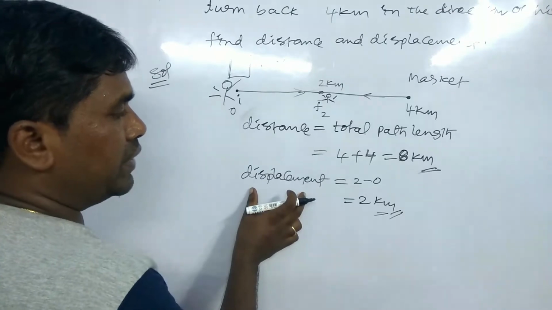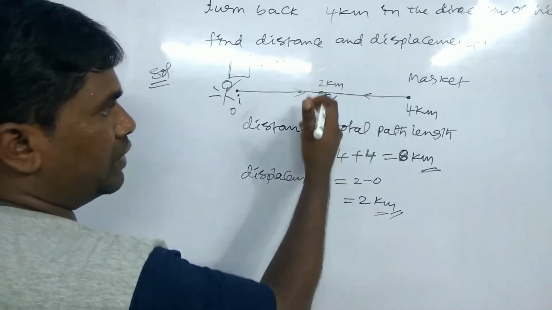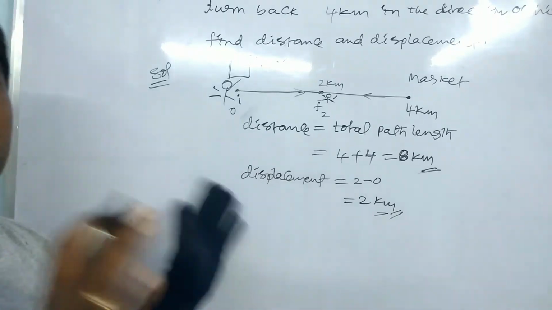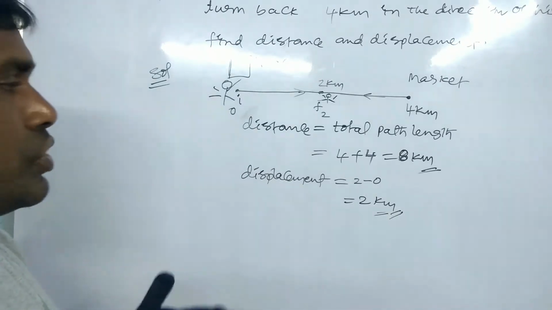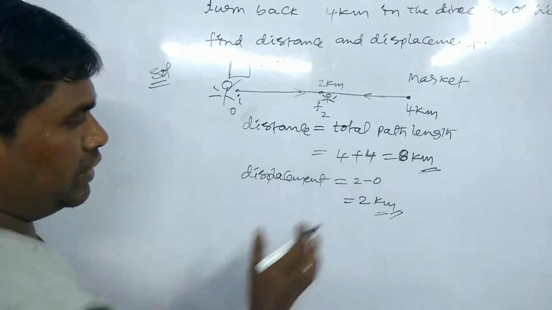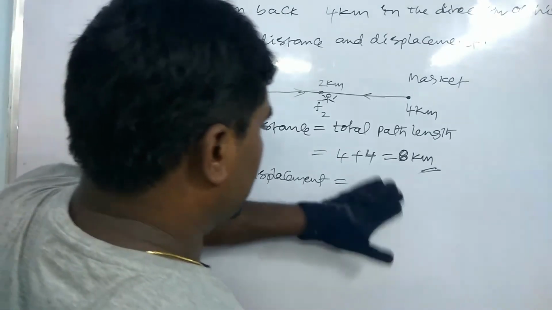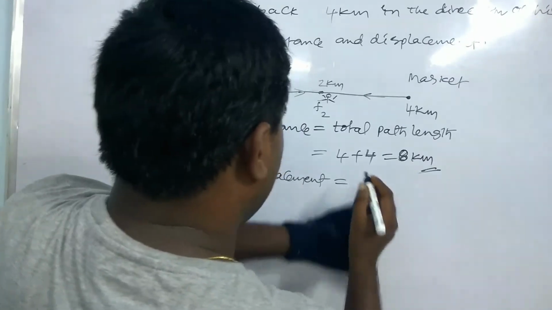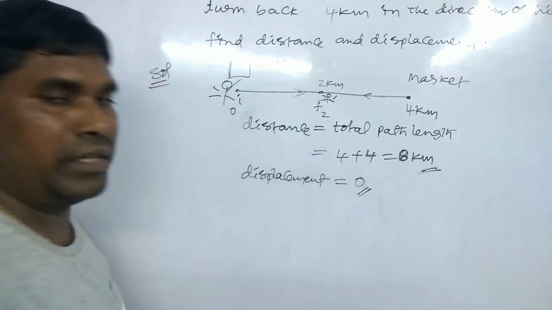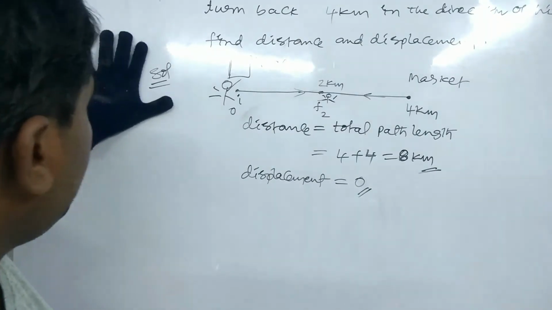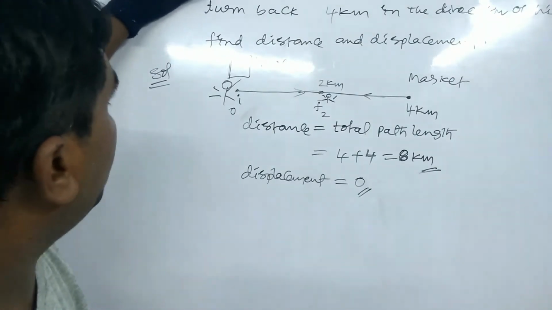But in displacement, after traveling 8 km, he is at his initial position. There is no change in his position. If there is no change in the position, there is no displacement. Okay. So the displacement of the person is equal to 0. This is very, very important. Understand? Right. And one more example you have to see.